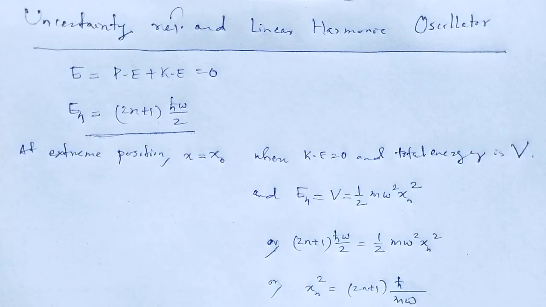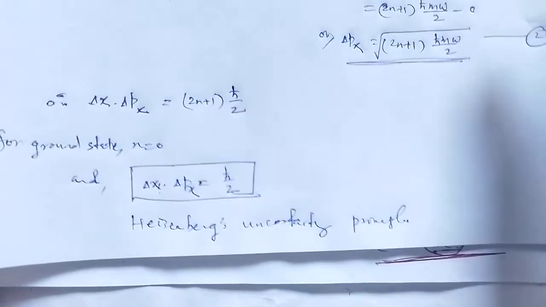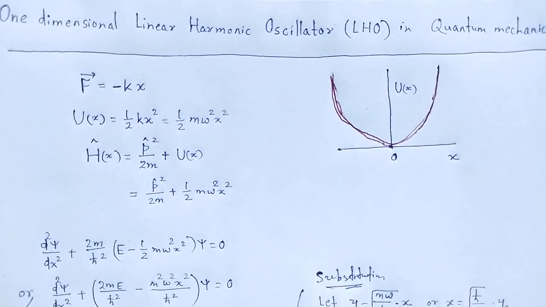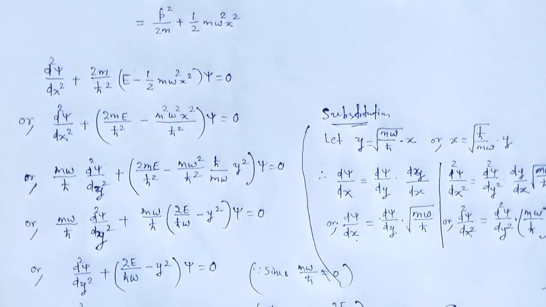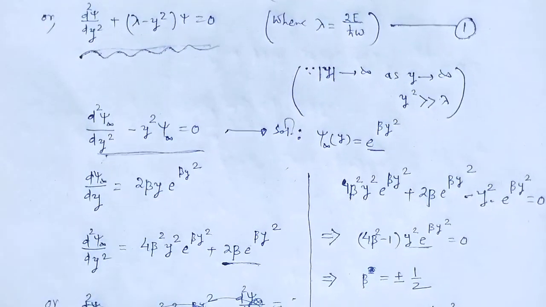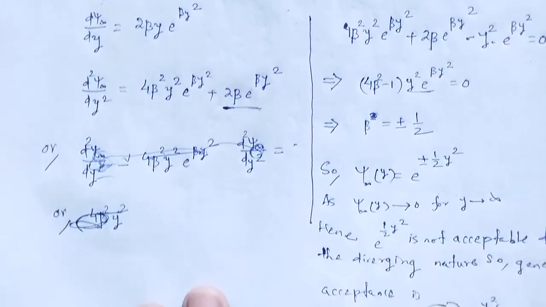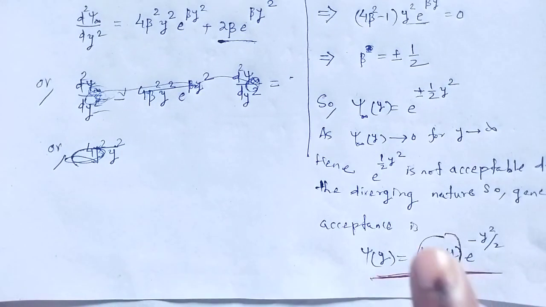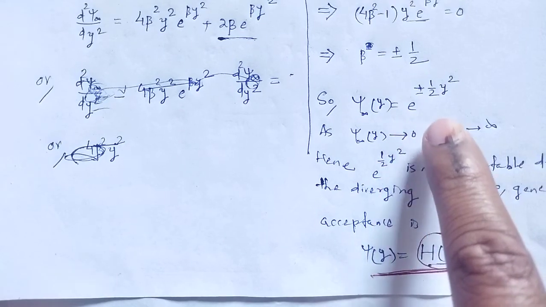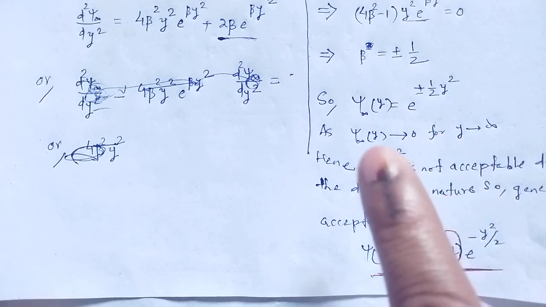So with the help of this video lecture we understand the one dimensional linear harmonic oscillator in quantum mechanics. The solution of that form is accepted, but the solution of that form is not accepted. Why?